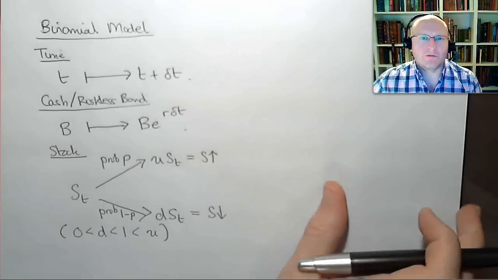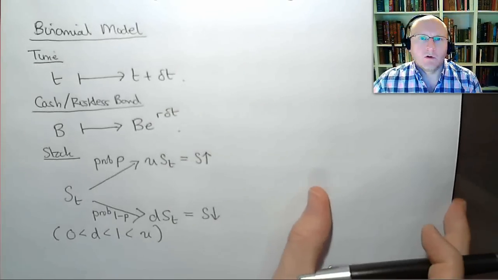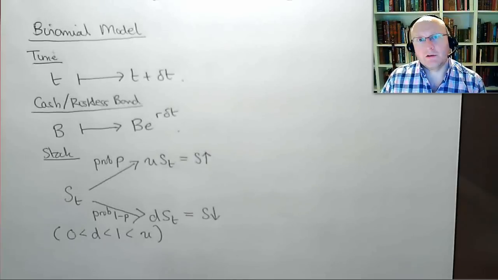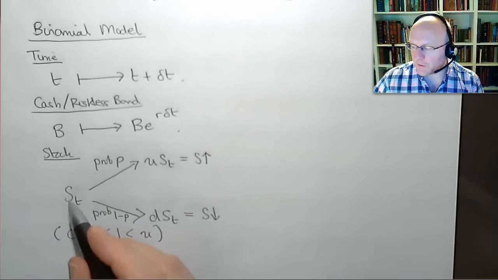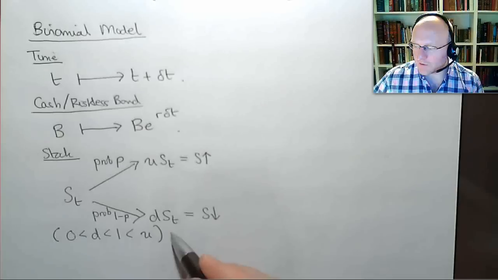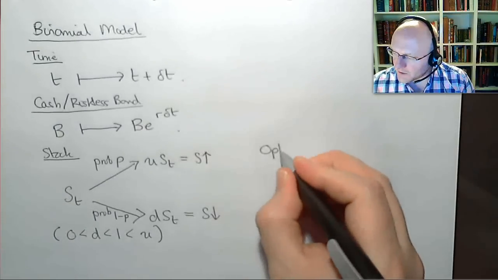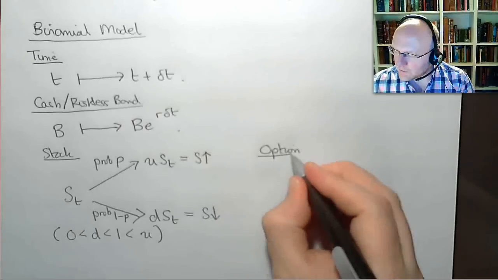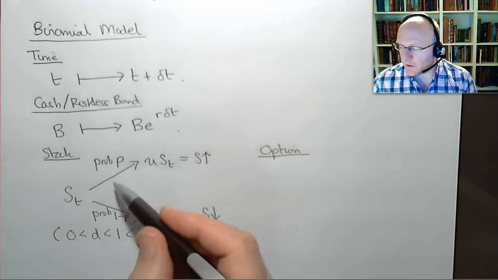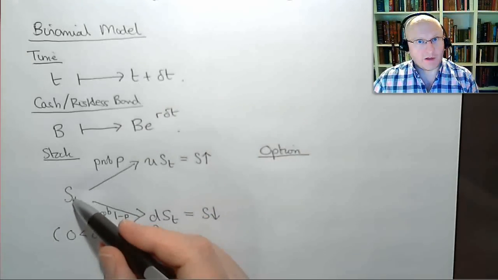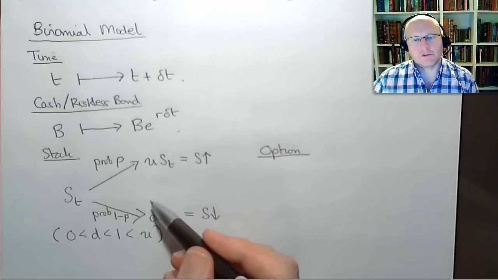Now, what is the point of the binomial pricing model? What we want to get out of this is the theoretical option price. So we have this model for the stock price with these two future scenarios, so we just augment our model now by making a model for the option price. So in a very similar way, we have one scenario now and we have two possible future scenarios.